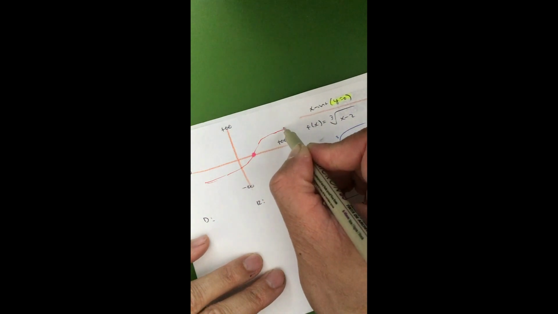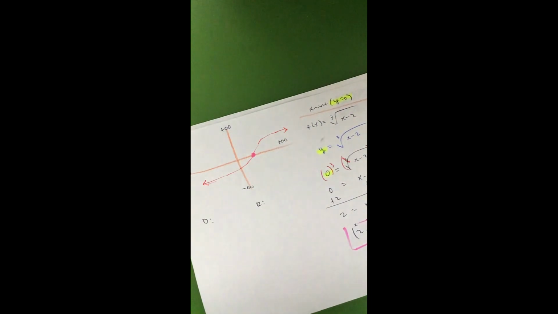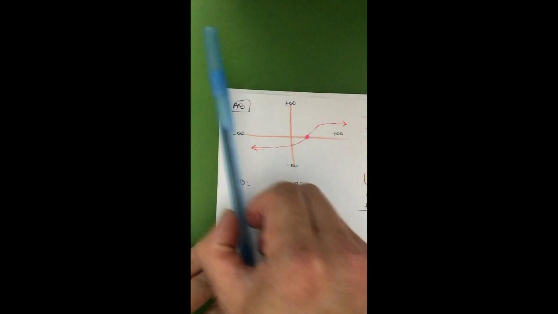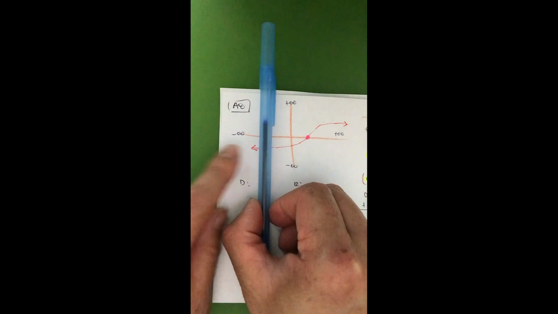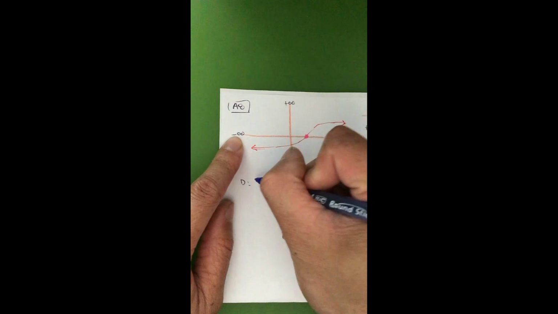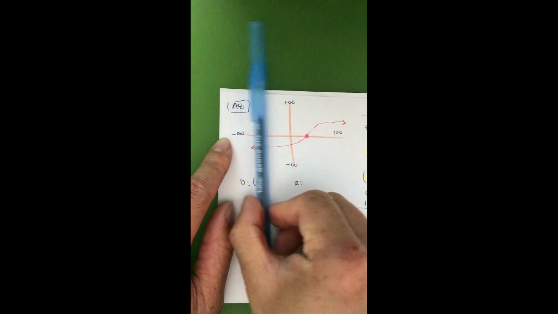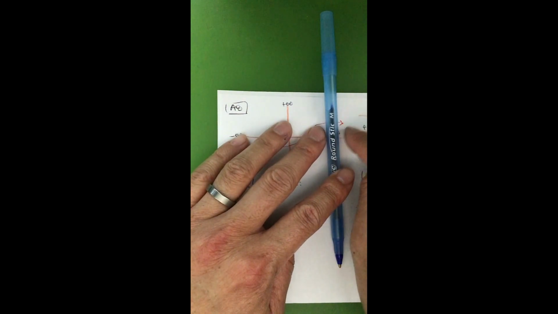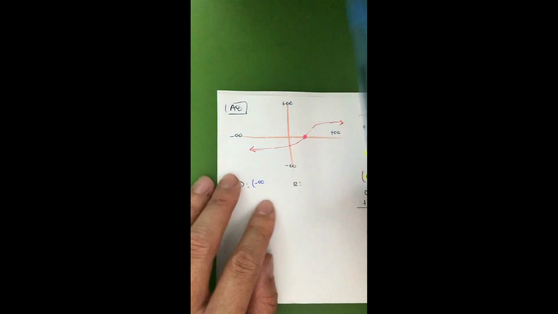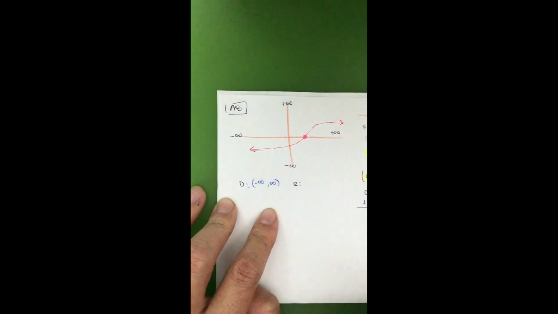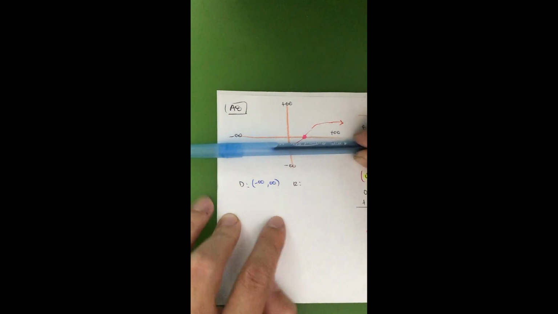Question from the last problem: do you think the domain or range would change? All right, let's think about this. Domain, left to right. I have an arrow from here, negative infinity, going towards the right, positive numbers, positive infinity. Range, same thing.